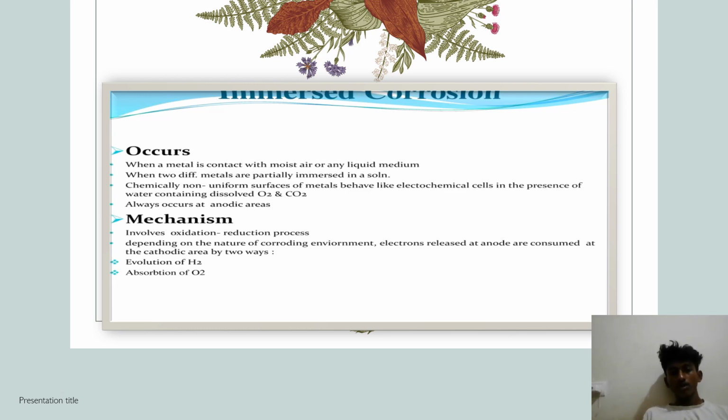Mechanism. It involves an oxidation-reduction process. Depending on the nature of the corrosion environment, electrons released at the anode are consumed at the cathode area in two ways: evolution of H2 or absorption of O2.